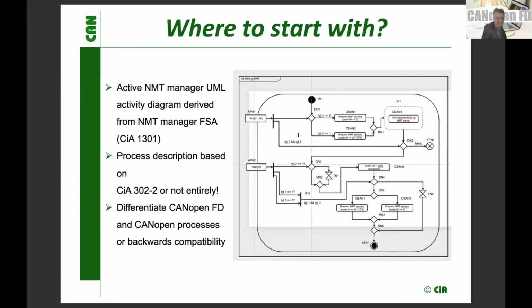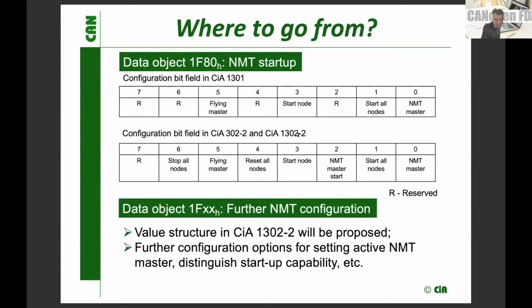Maybe we have a joint pool of the functionality and we just switch between CAN FD and CAN and see how much of this we can reuse in the network regarding the startup of the network. We took a few steps where we go from where we started, where we continue.